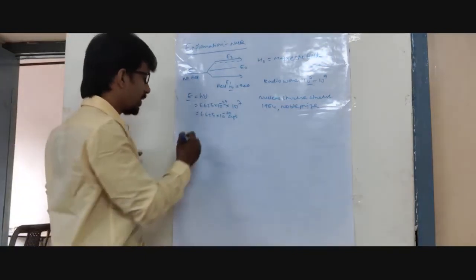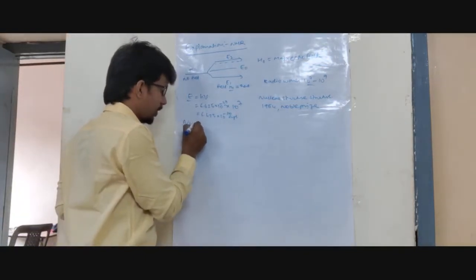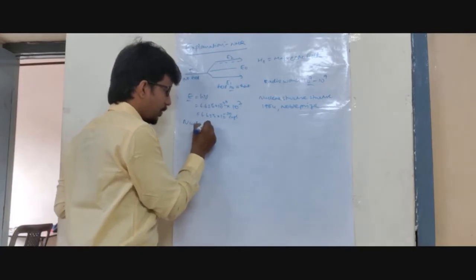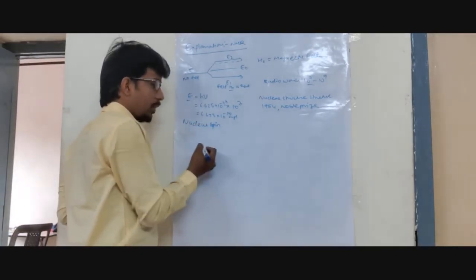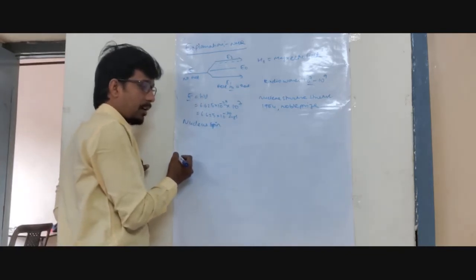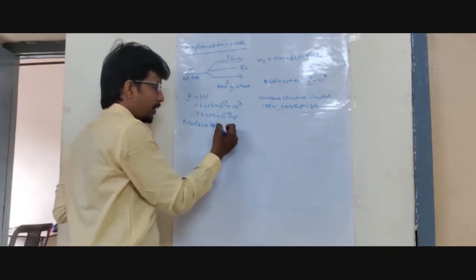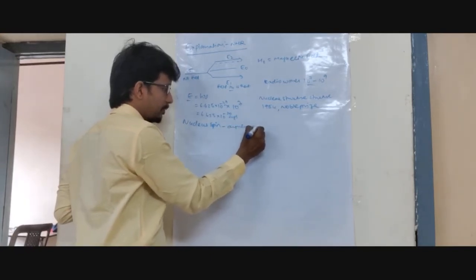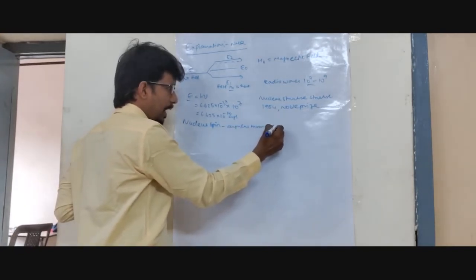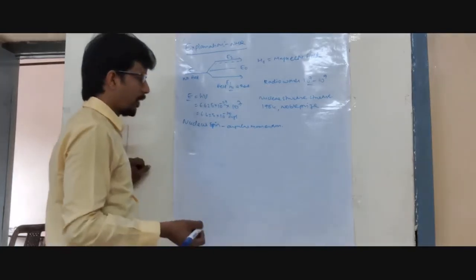And the interesting thing: the nuclear spin. The nuclear spin is nothing but the spin angular momentum. How to calculate the spin angular momentum?